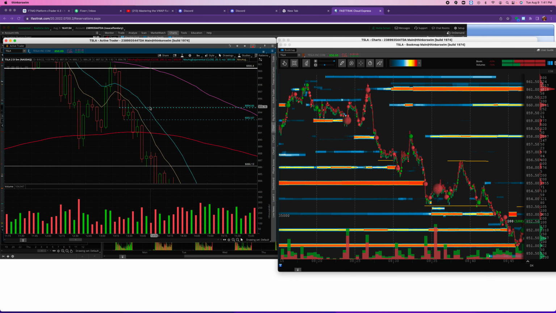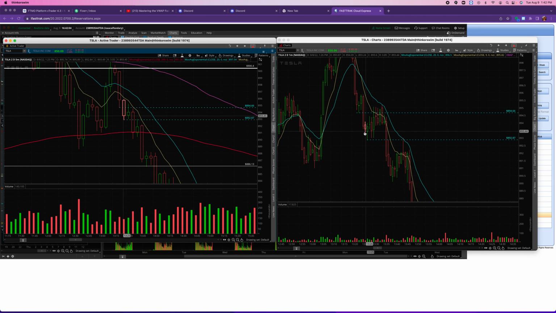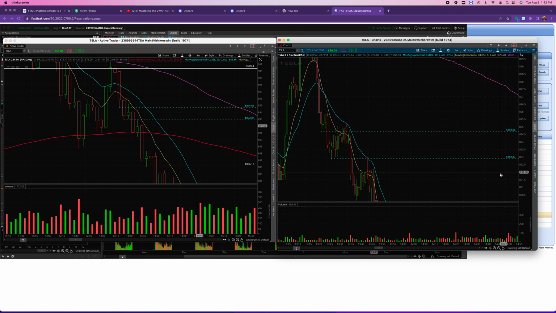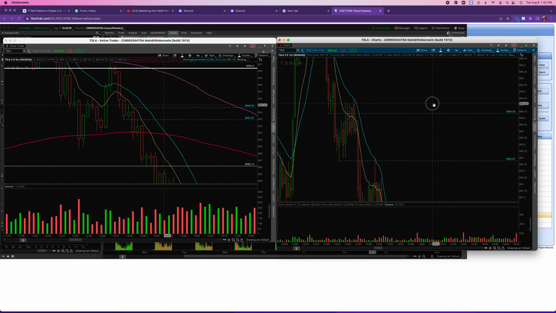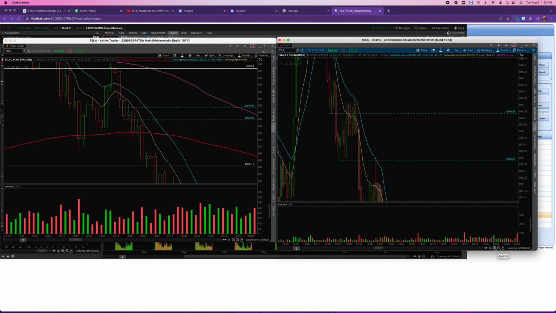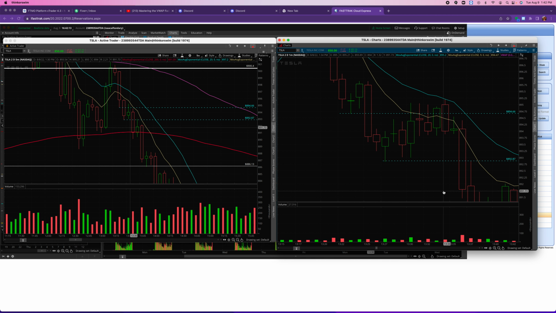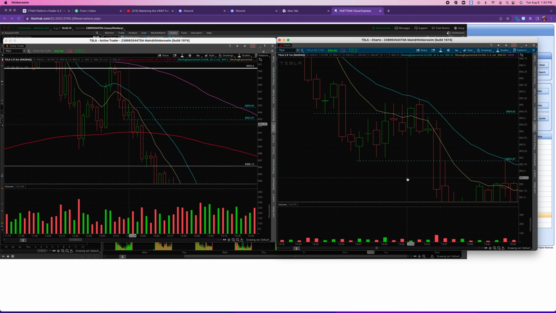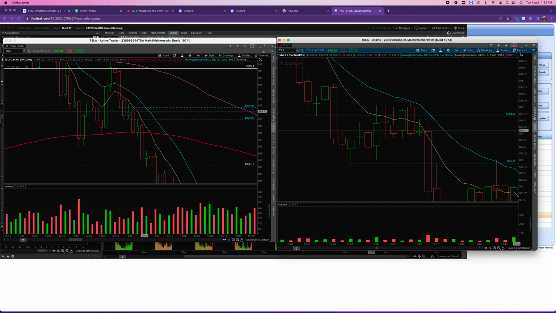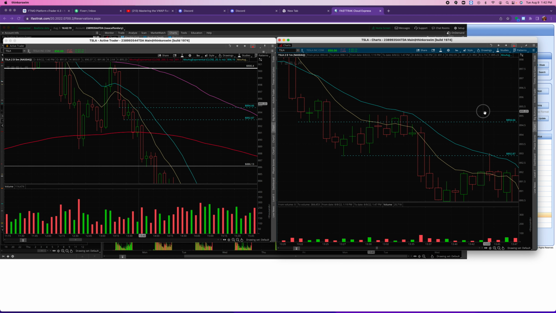Once those lines are set, it's time to get ready for the trade. I'm going to take this over to a 1-minute chart and we're going to see what it looks like. Now here's the 1 minute, and this is where it gets a little confusing. These lines do respect the 5-minute candles, which you can't see on a 1 minute.